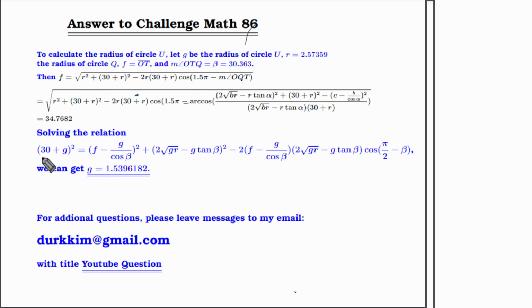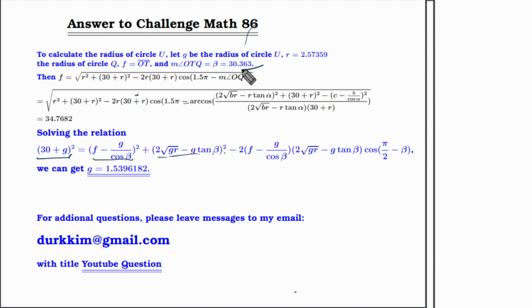Now we have the equation from the law of cosines: u squared equals f minus g over cosine beta squared. This one is the length of OZ, and then 2 times root of f minus g times tangent beta squared.